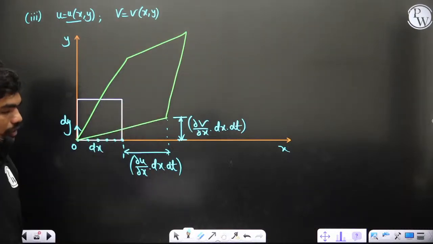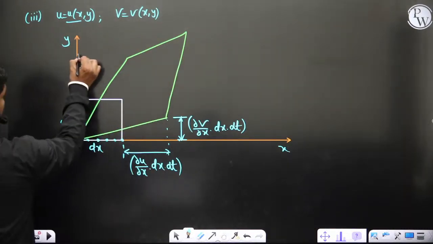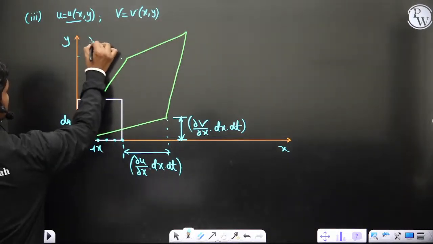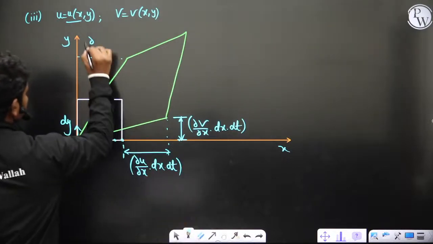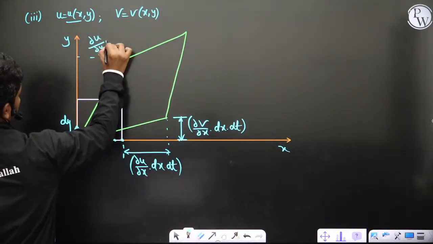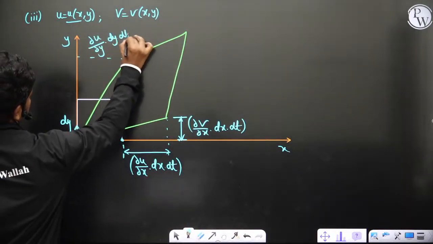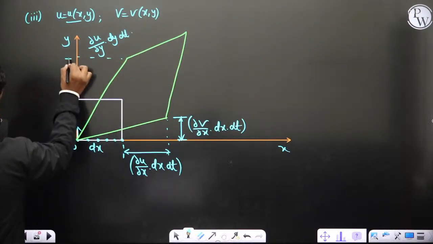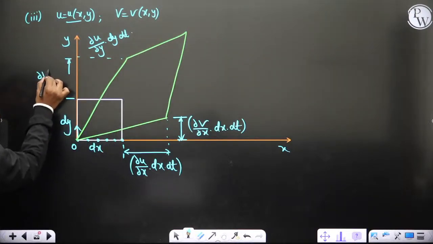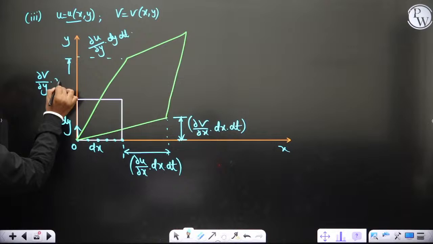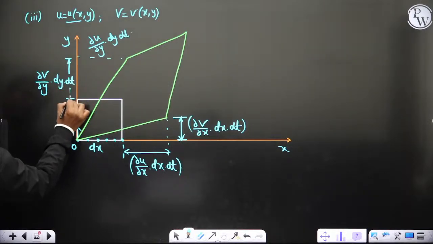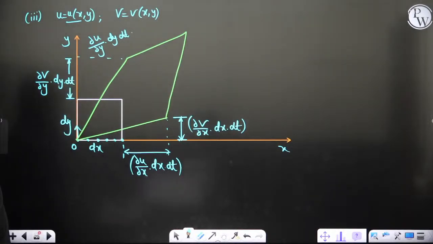So this is ∂v/∂x into dx dt. Similarly here, if you take this stretching, this is due to ∂u/∂y into dy dt, and this stretch is nothing but ∂v/∂y into dy dt. So these are the things that you have.